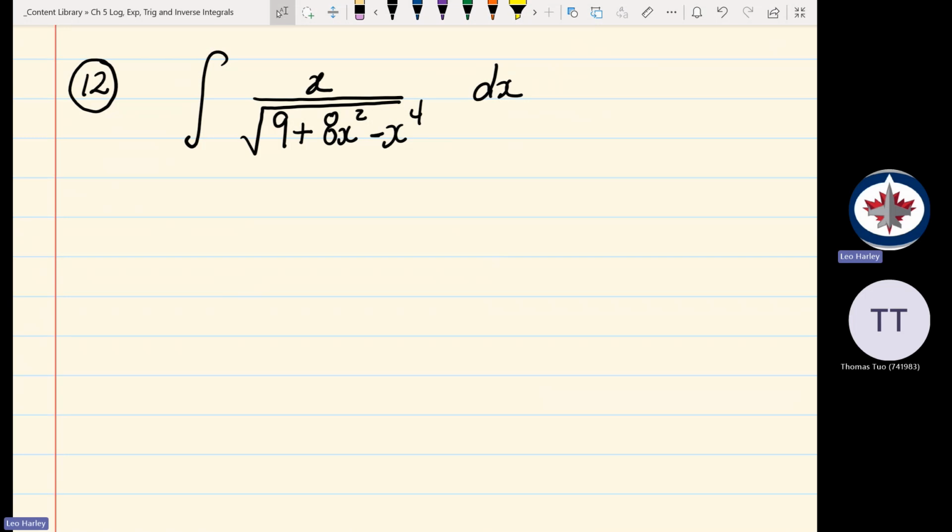No thumbs up for this? I'm going to tell you it's arc sine. And if it's arc sine, it's got to be a squared minus u squared in order for it to be arc sine.